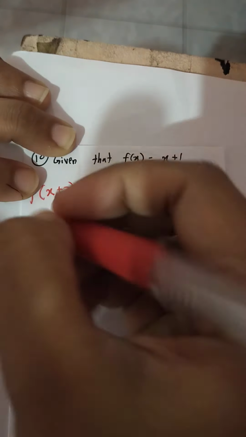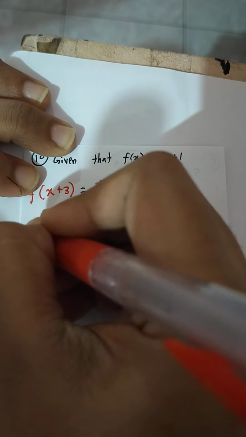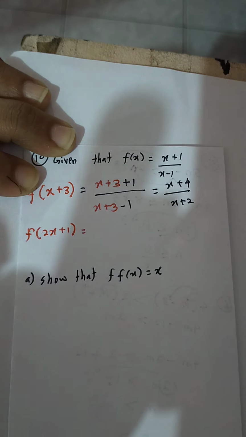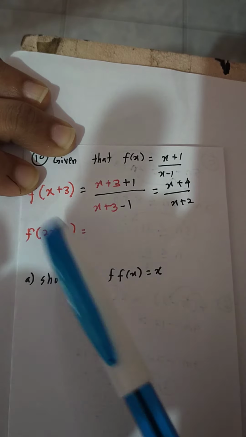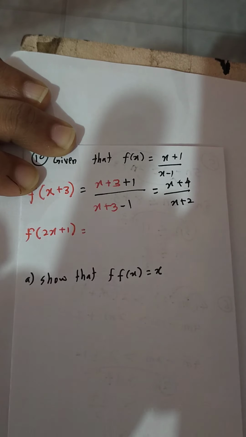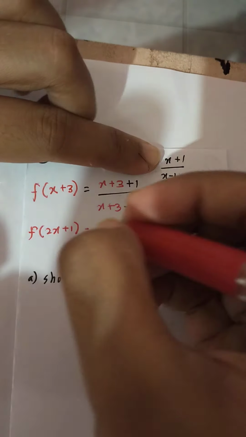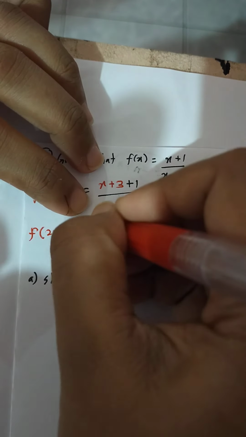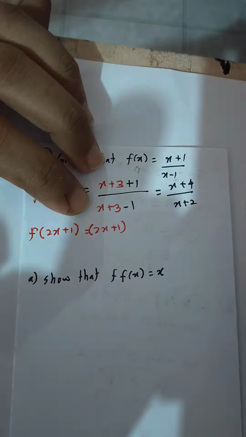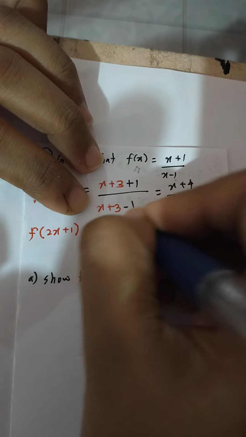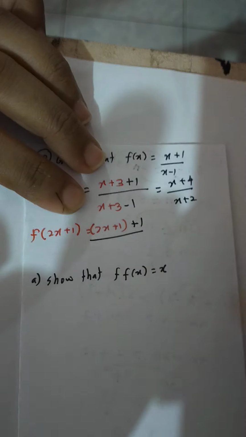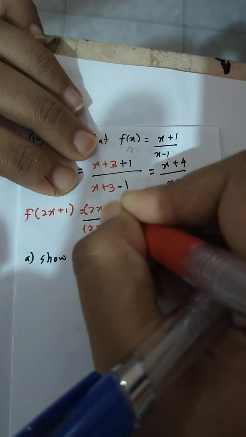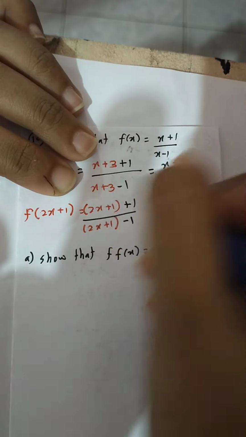Okay, let's say I have f(2x plus 1). Every time I see x, I have to substitute it with 2x plus 1. So it is x plus 1, so I substitute 2x plus 1, so I have (2x plus 1) plus 1 over, here is x again, so (2x plus 1) minus 1.